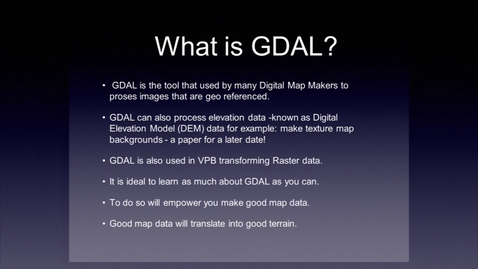One of the examples, other than what we're using here in this tutorial, is to make map backgrounds using DEM data. This is something that I will probably cover in a paper at a later date.